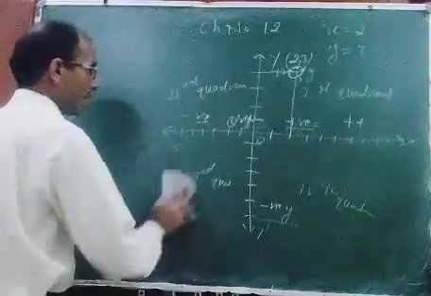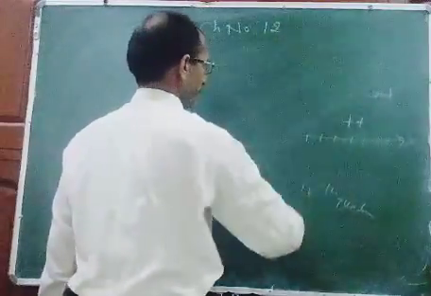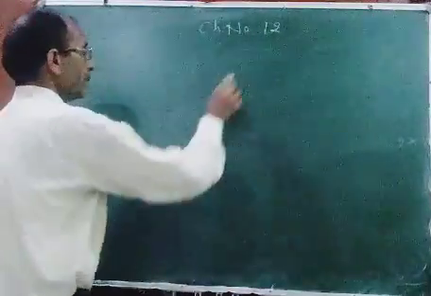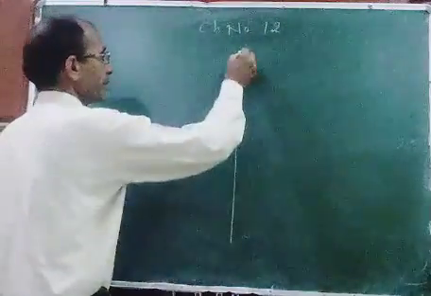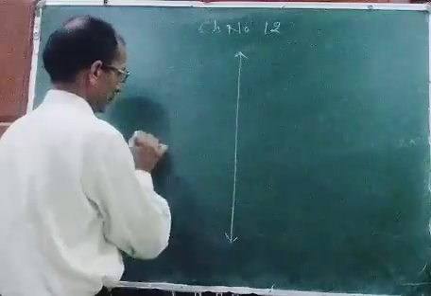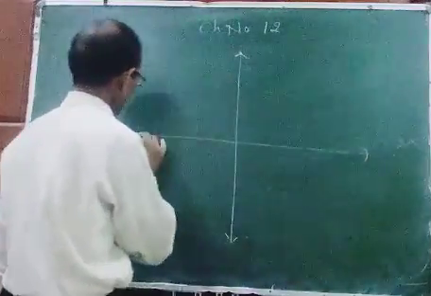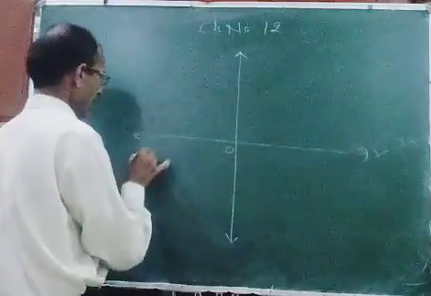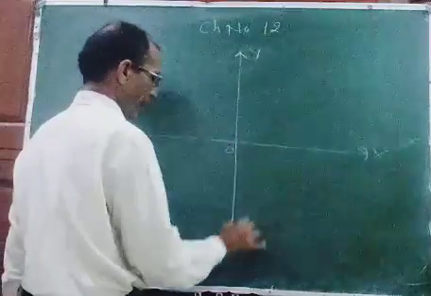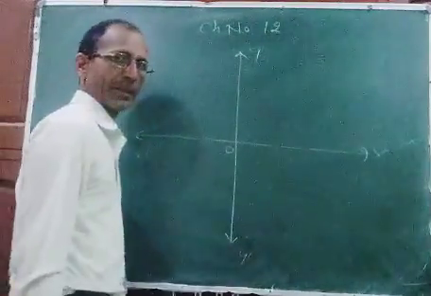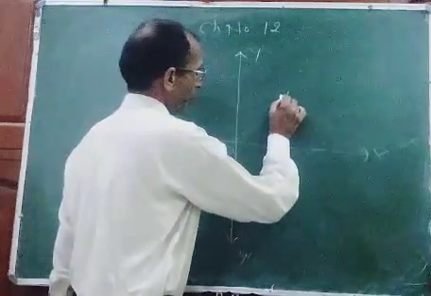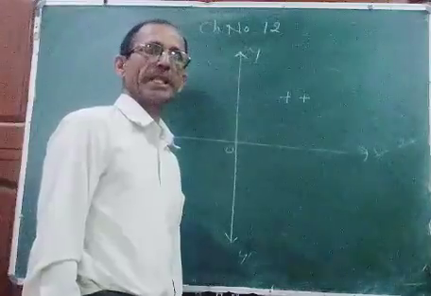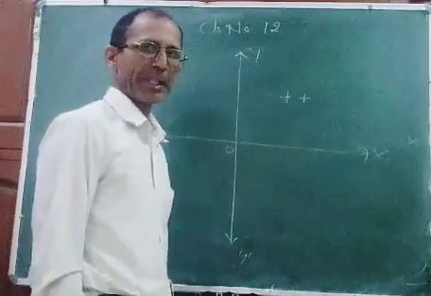X'OX is the x-axis, Y'OY is the y-axis. So in the first quadrant both will be positive. It means the value of x will be positive, the value of y will also be positive.